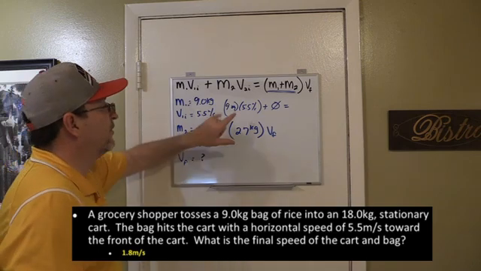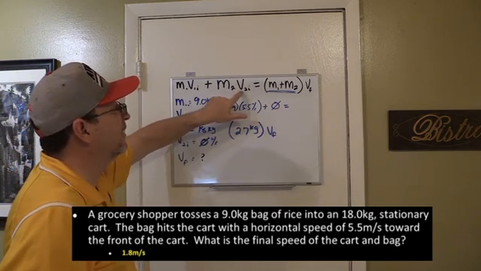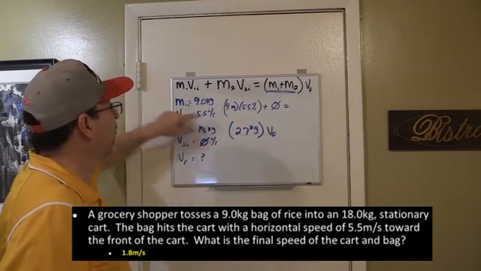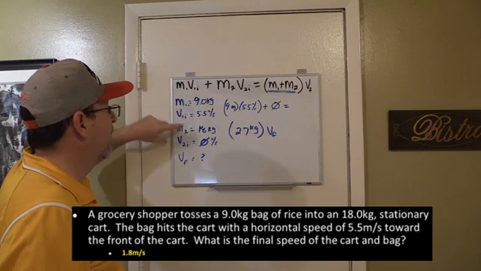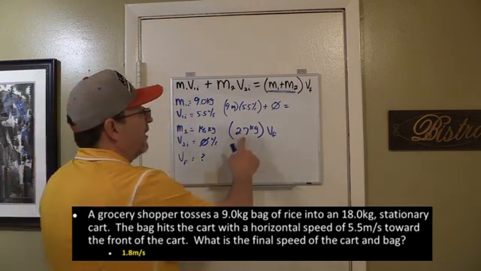So this is right out of the problem. The velocity was 0, turning that entire term to 0. And this was mass 1, 9, plus mass 2, 18. So that gave me my 27 right there.